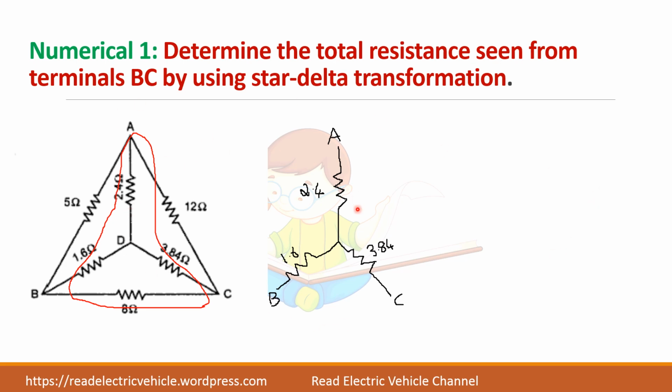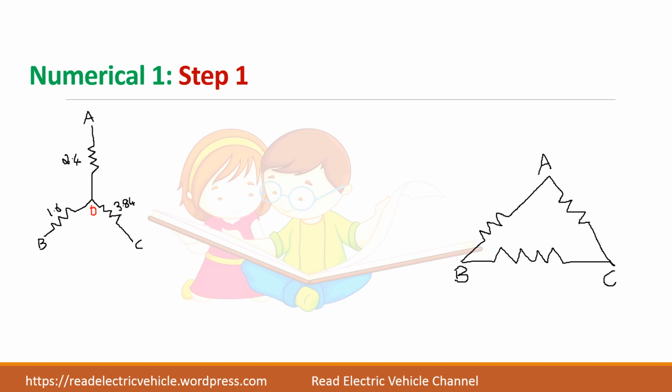So I have drawn this inside star network here. You have this neutral point D, which will be eliminated when we convert this into delta. So when I convert this star into delta, this D will go off. I have to find the resistance values using the formula we have already studied. Now let us apply the formula and find the equivalent delta resistance RAB.